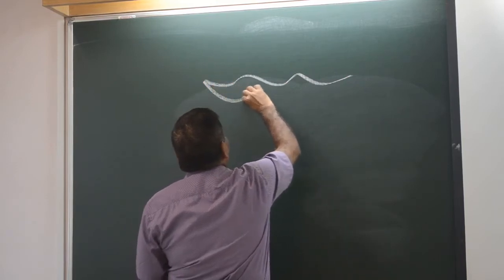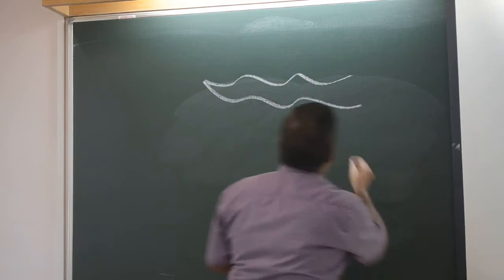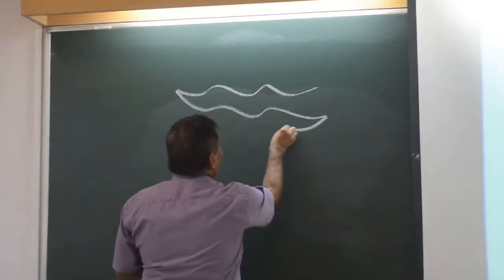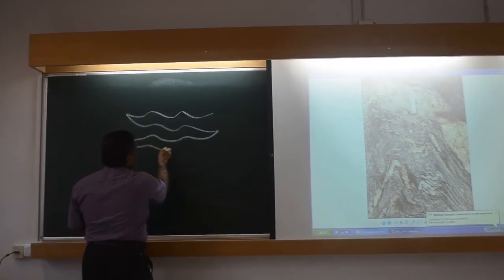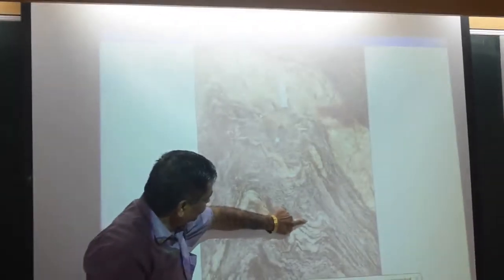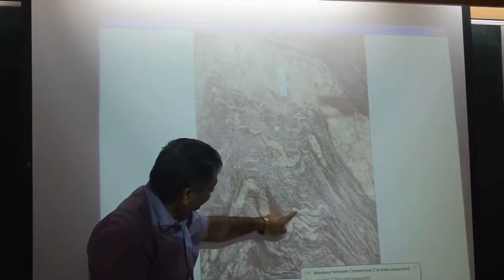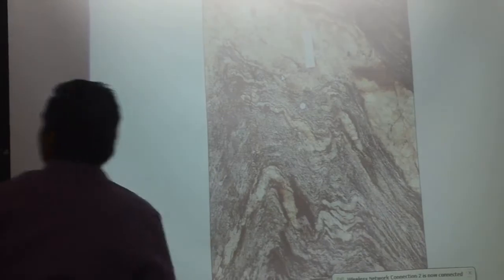Drawing a fold, just see. When you see this thing here, it goes like this, goes like this. From here it goes like this. Can you see this part? Like this?